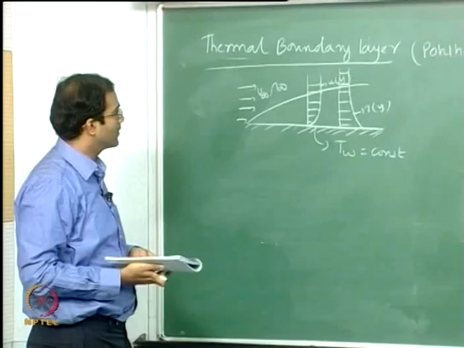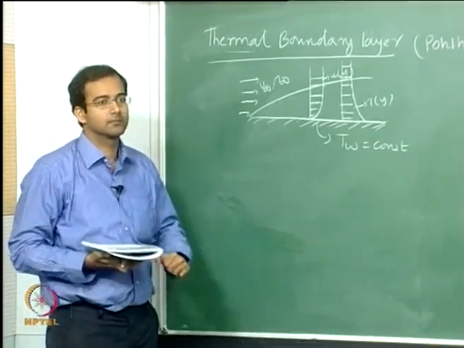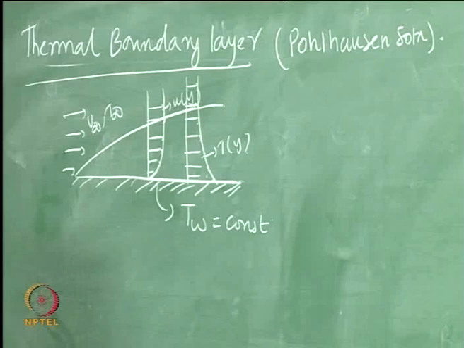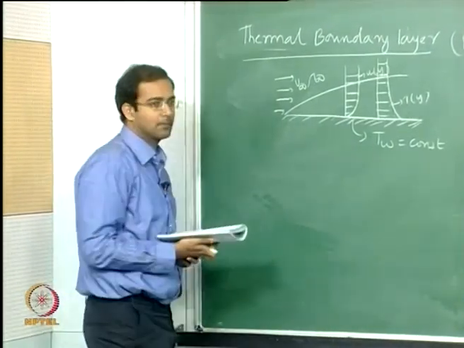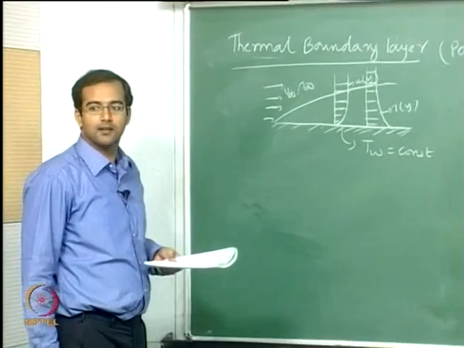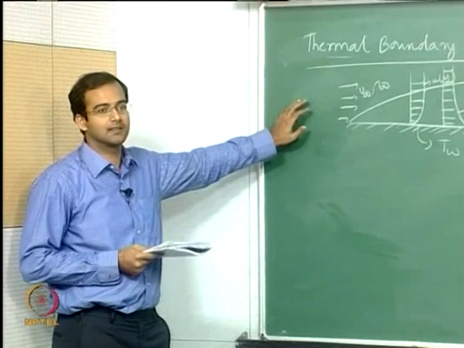Okay, so now if you apply the boundary layer equations that we derived, can you tell me the terms in the boundary layer equation for temperature? I am asking for the governing equation for the energy.